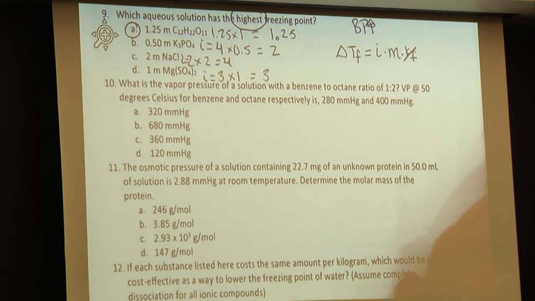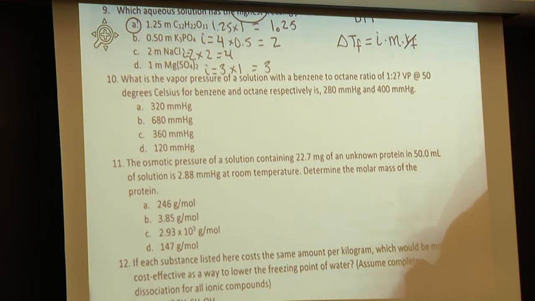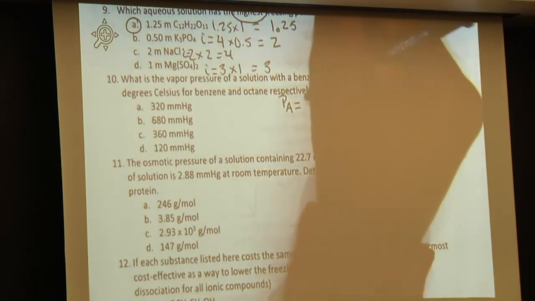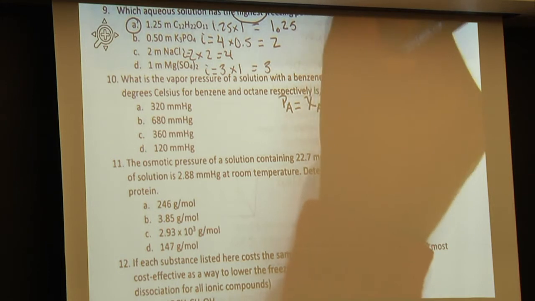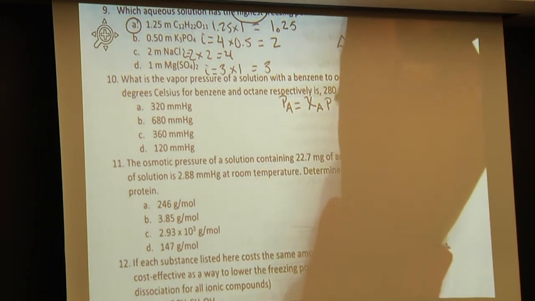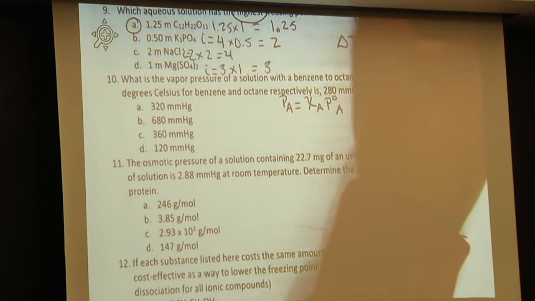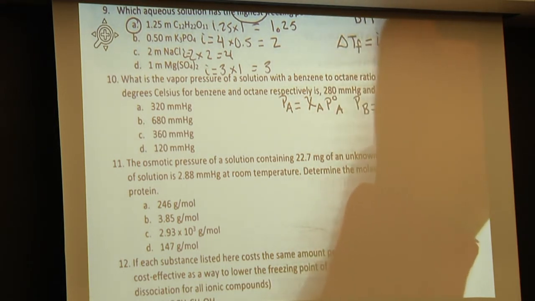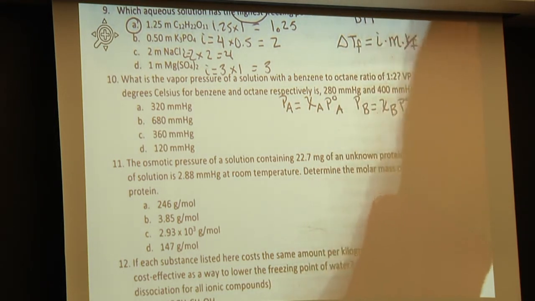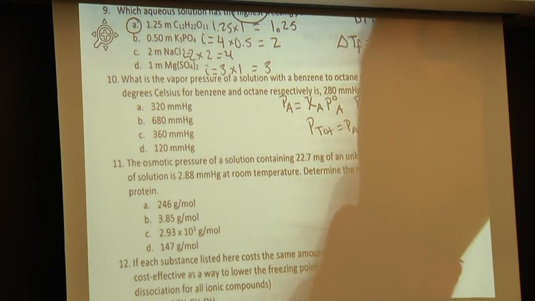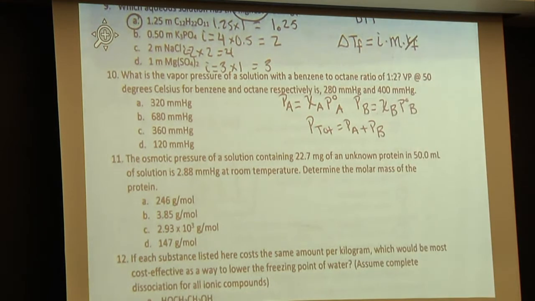So you have the pressure equations that you guys should remember. PA will be the mole fraction of A times the pure pressure of A. PB would be the same thing. And then P total would be PA plus PB, or in this case, P octane and P benzene.